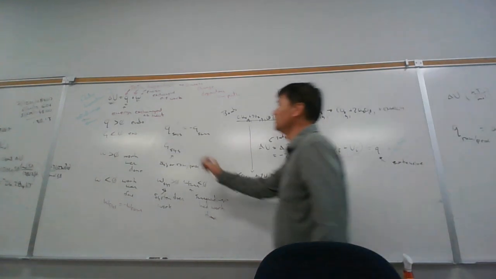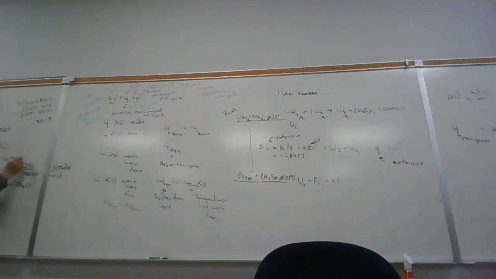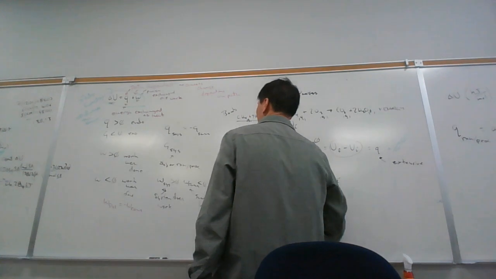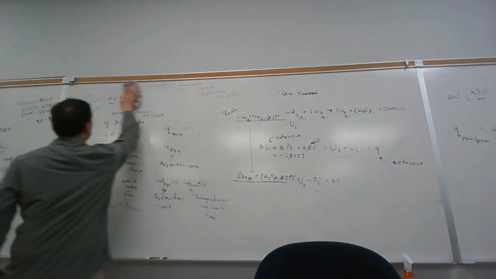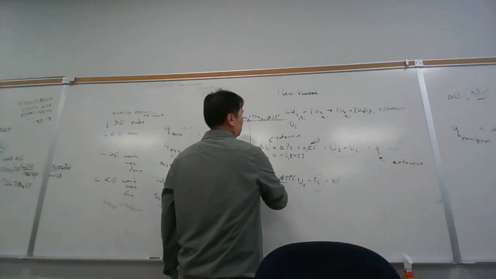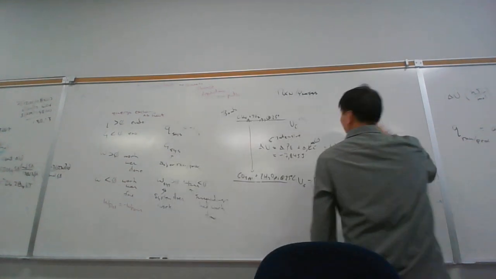Now, this is our delta U. Keep close to that. And over here, the work was 0 because it was done in a bomb. That's if we do it in a bomb. Oops, I don't know if I wanted to erase that. I'll leave this up here.